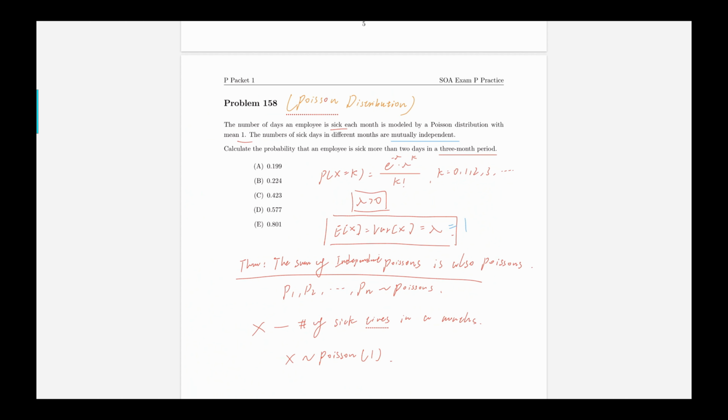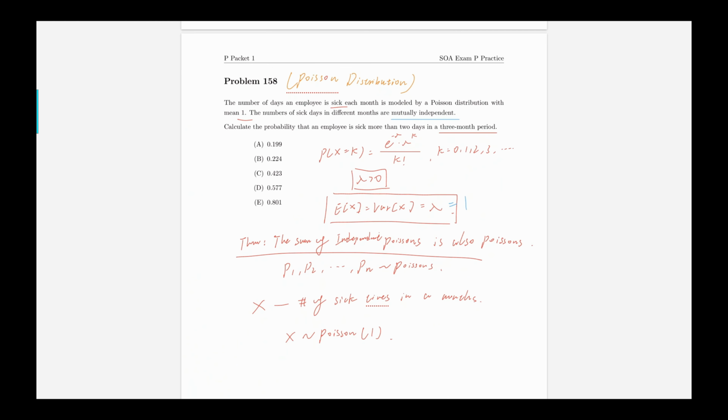Now let's invent another random variable, Y, which is the number of sick times in 3 months.